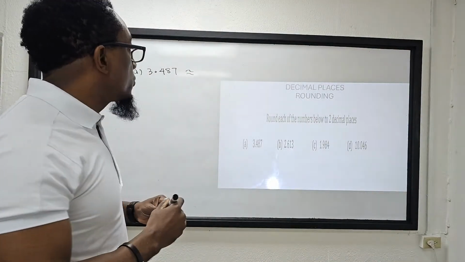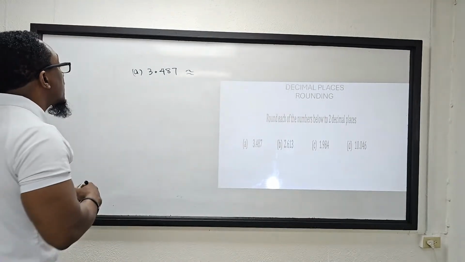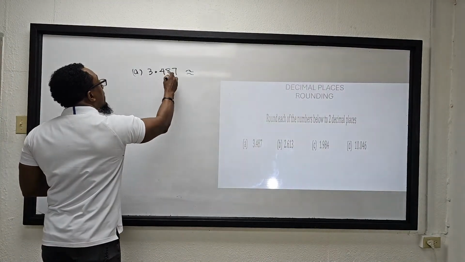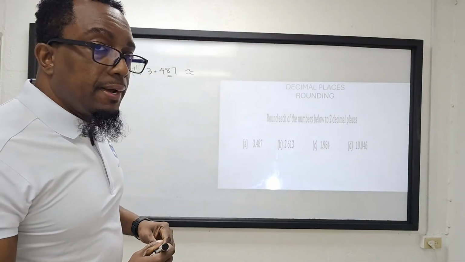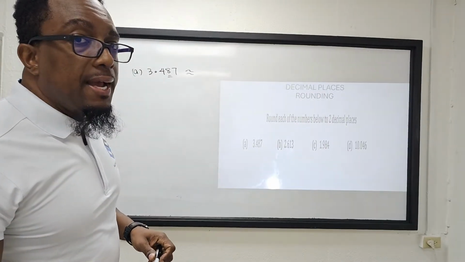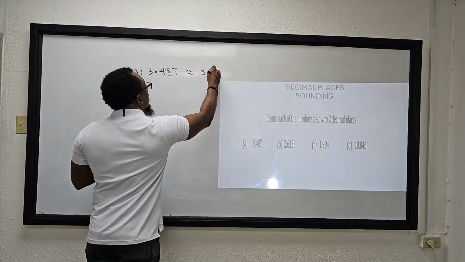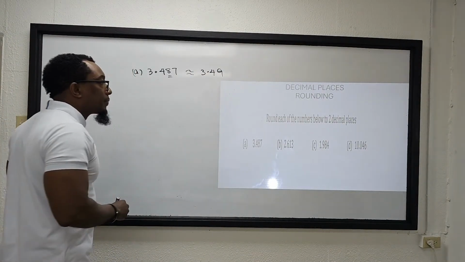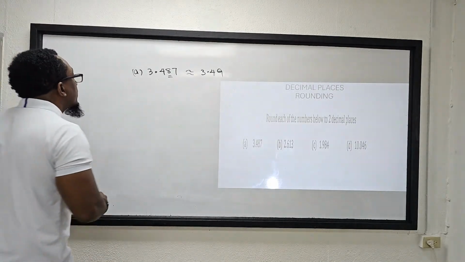So to 2 decimal places, I count 2 places, counting, don't move the point. 2 places after the point. 1, 2. I look at the number immediately after, which is 7. Once it's 5 or more, I add 1 to that 8 to become 9. Alright, let me choose another. Let's look at D.